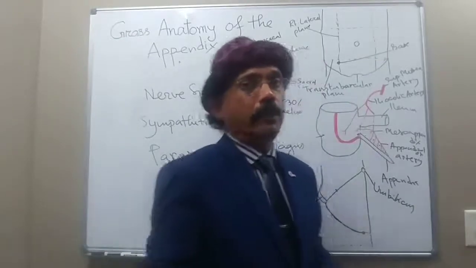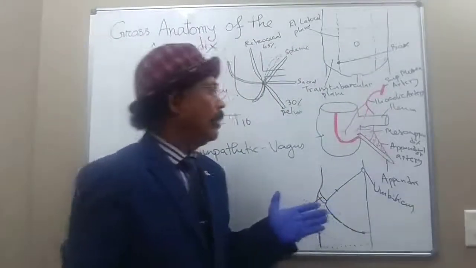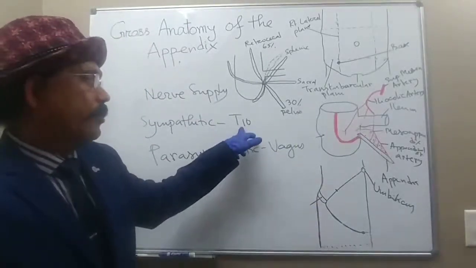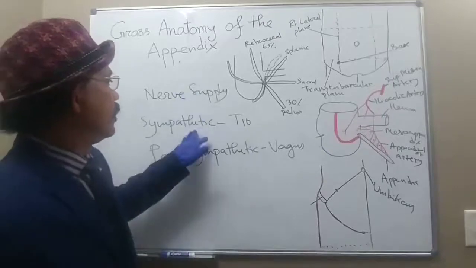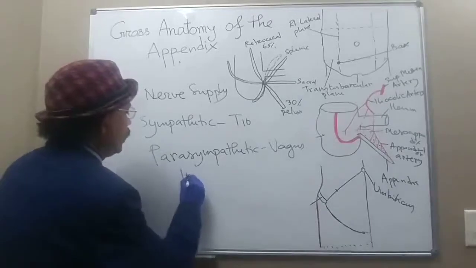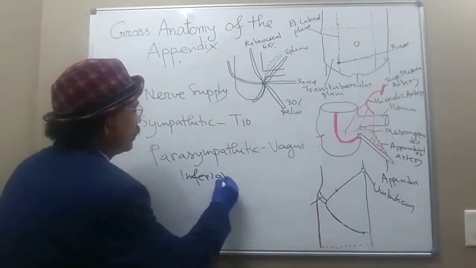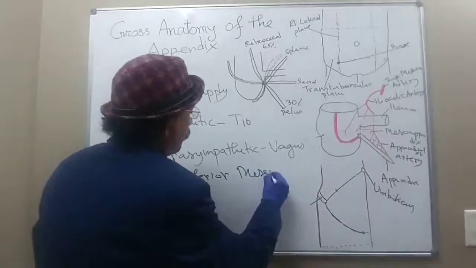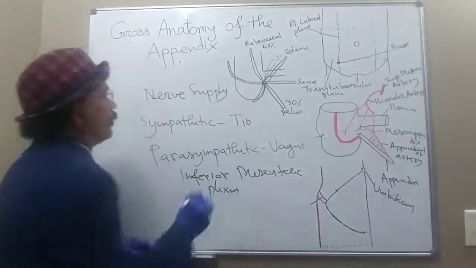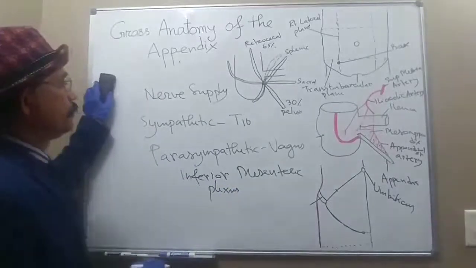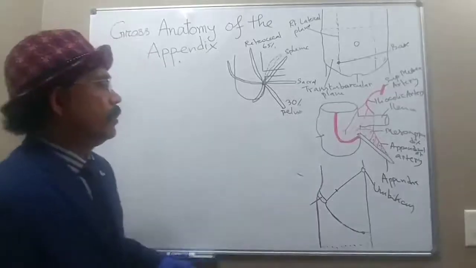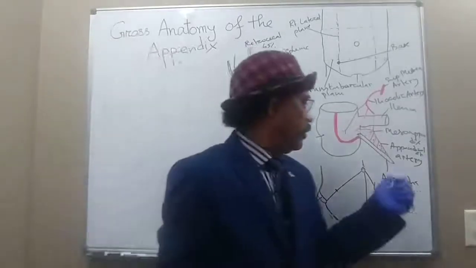That is called referred pain to the umbilicus because of the same segment. The appendix is getting sympathetic innervation from T10, coming from the mesenteric plexus.